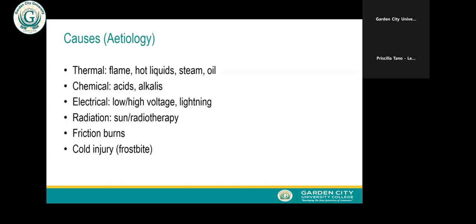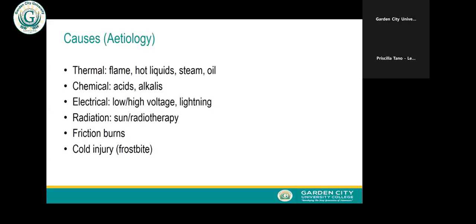As part of our lessons, after we've done the general aspect of burns, we'll talk more about electrical burns and then inhalation injury. Then we have radiation burns: sunburns and radiotherapy burns. We have friction burns, which is heat plus a bit of abrasion.